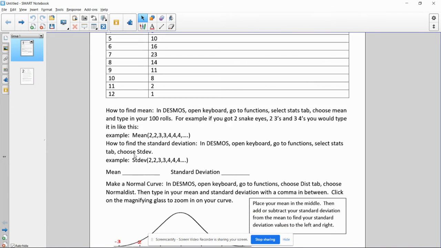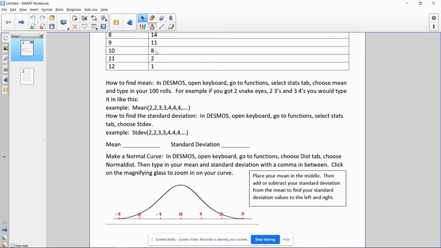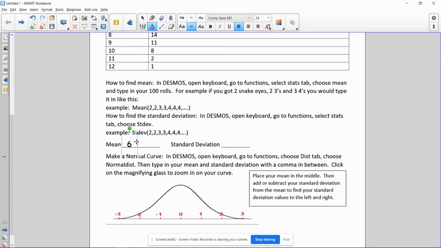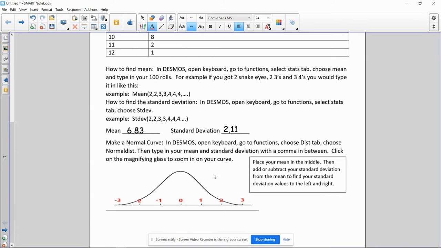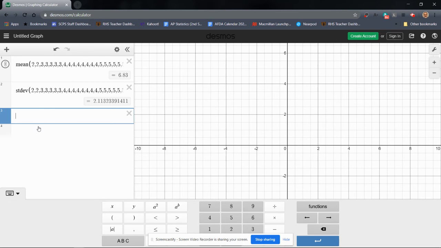I'm actually going to use the 6.83 and the 2.11. So down here in my answers, I'm going to keep in mind that the mean is 6.83 and the standard deviation is 2.11. All right, now I'm going to create a normal distribution with my mean being 6.83 and my standard deviation being 2.11.